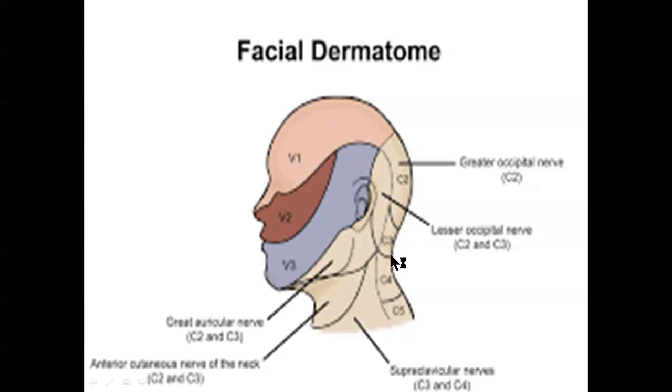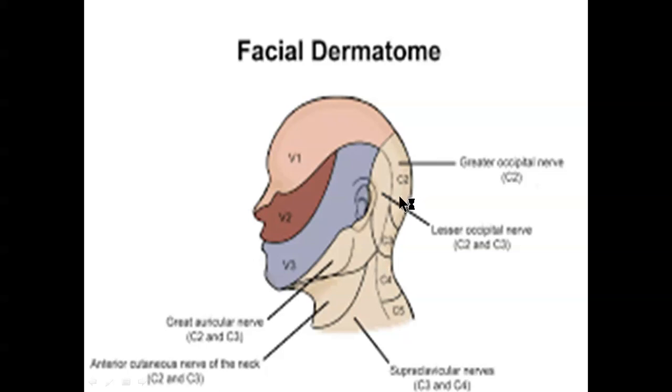At the back of the neck we have the greater occipital nerve, then the lesser occipital nerve, and then cutaneous branches from C4 and C5. So these are your cutaneous branches from C4, C5, and the greater and lesser occipital nerves. So a question can be asked: the back of the neck and occipital area, a part of the occipital cranial part, is covered by which nerves?